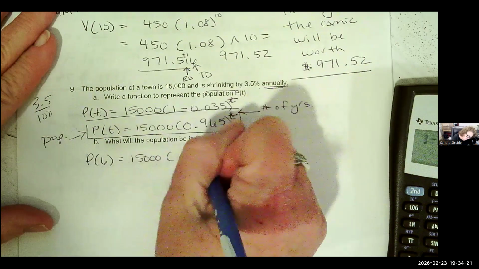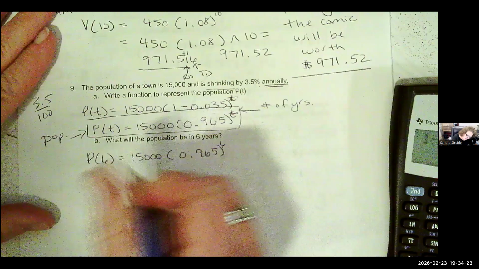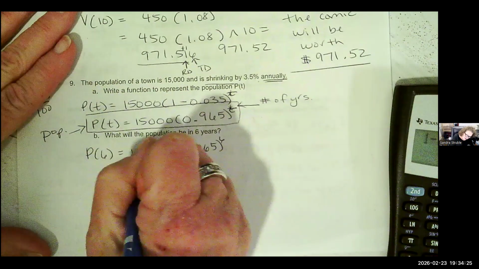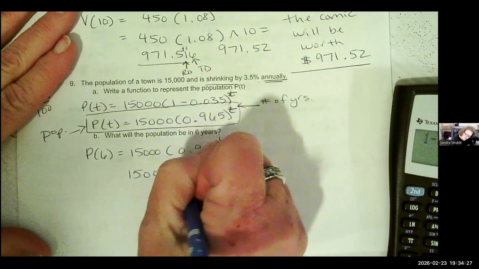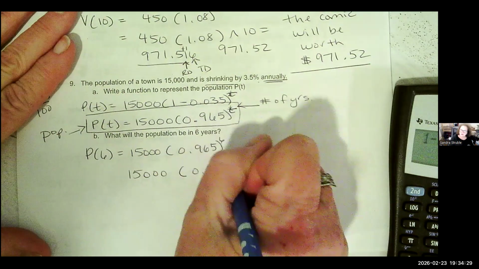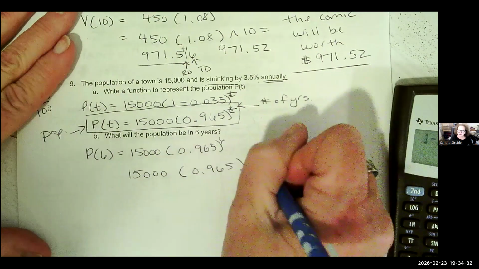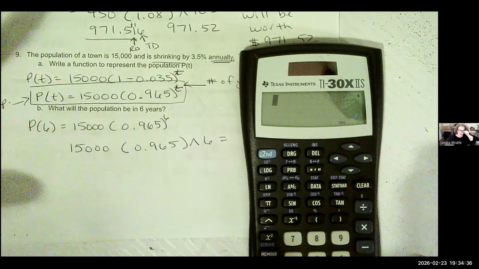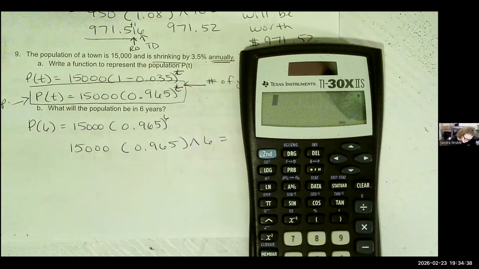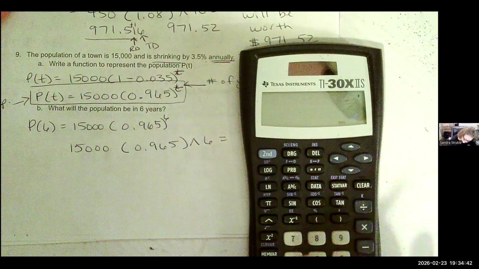In your calculator, you're going to type in 15,000, parentheses, 0.965, close parenthesis, caret 6, equals. Make sure if you do not know the calculator function pieces that you put that on your note card. Whatever you need to support yourself, put it on your note card. I don't care what you put on your note card.